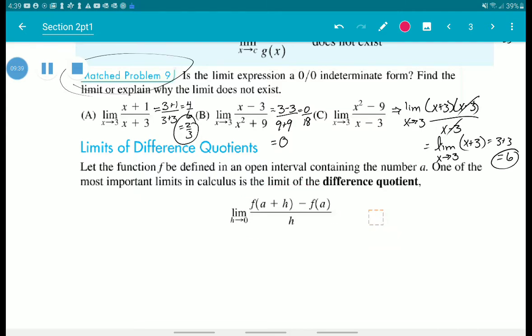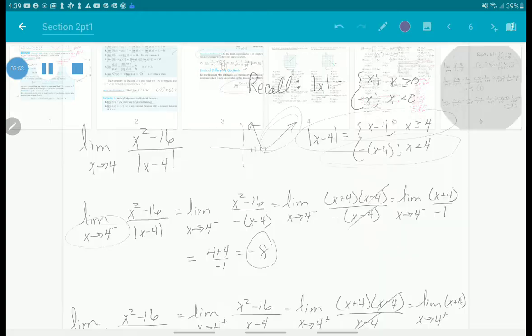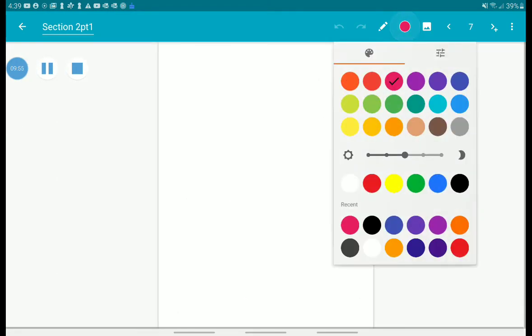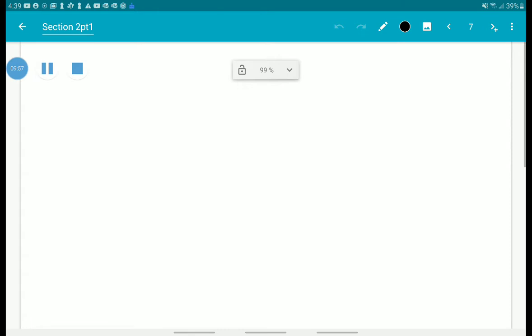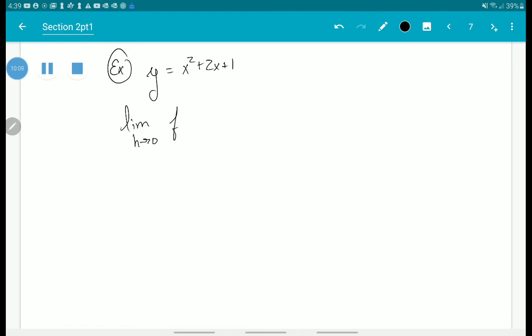So I'm actually going to take this just a step further and talk about what the limit would be as h approaches 0 of f of x plus h minus f of x, all divided by h. And let's just look at it in an example. Let's say we have the function y equals x squared plus 2x plus 1. And we want to apply that difference quotient, and then take the limit.